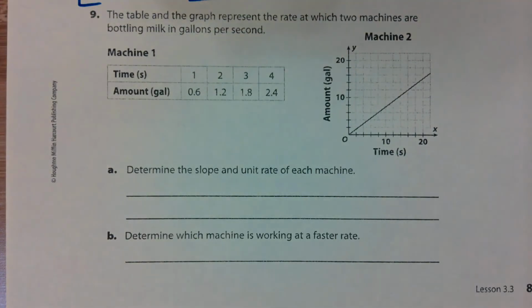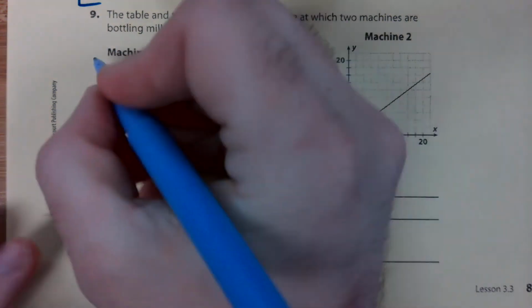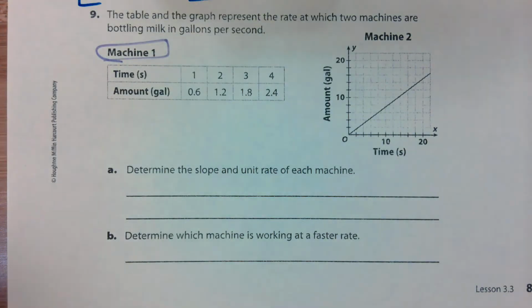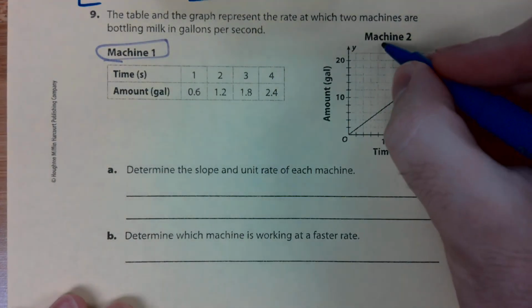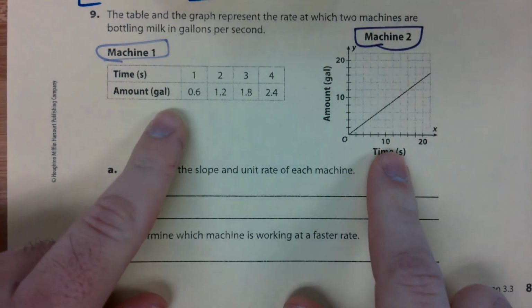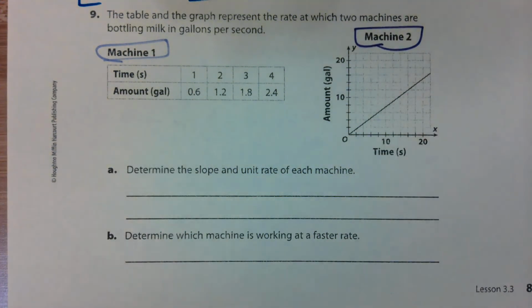So number 9, now we're doing something a little bit different. We got 2 different machines that we're comparing, machine 1 and machine 2. So this table and this graph don't represent the same data. It's 2 completely separate pieces of data, right?